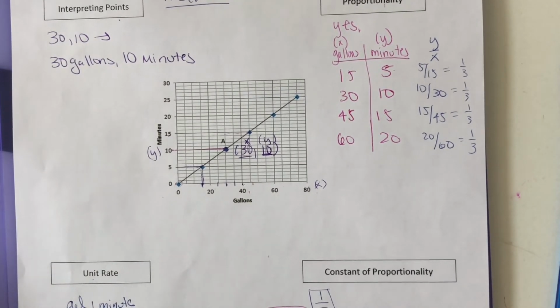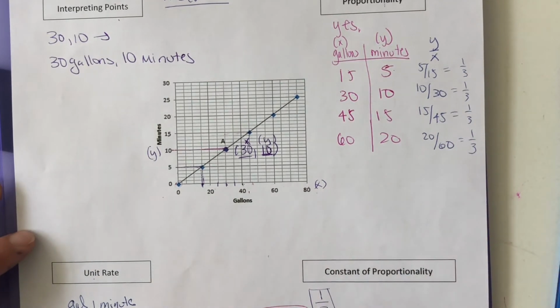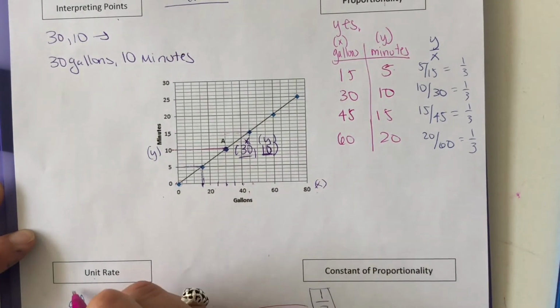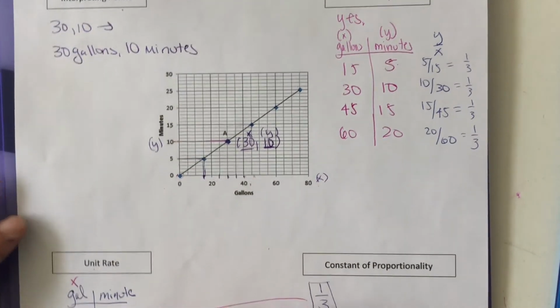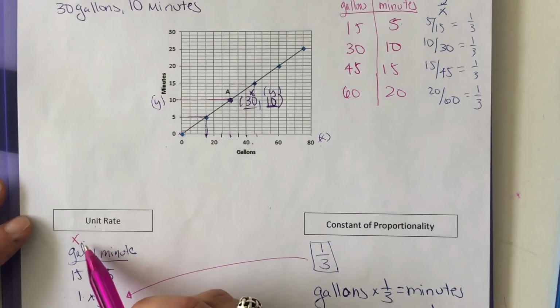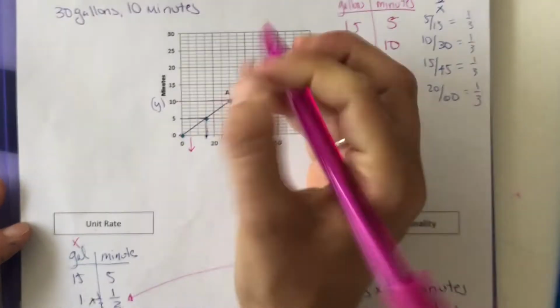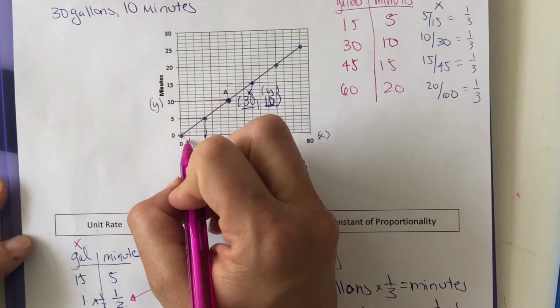So this number, the constant of proportionality and the unit rate, also shows up on the graph. So we said that this number, the unit rate, is when the input is 1, which means on the graph, that's going to be when the input value, the x value, is 1. So if I go here, okay, this is 5.